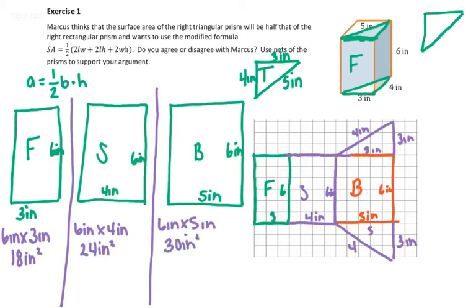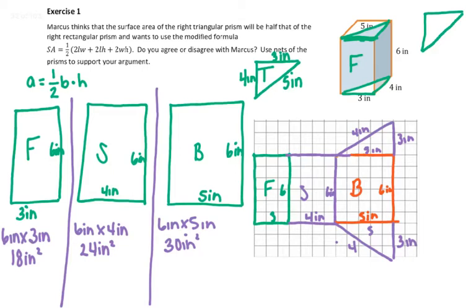Okay. And now we need to find the area of our triangle. And remember, we said that we find the area of a triangle by 1/2 base times height. So I'm looking at this. Yeah, I drew those triangles incorrectly. Sorry about that, guys. Okay, so my base is 3 inches and my height is 4 inches.